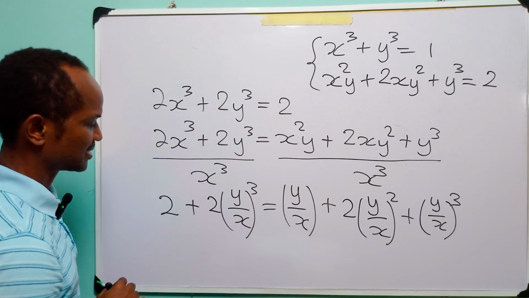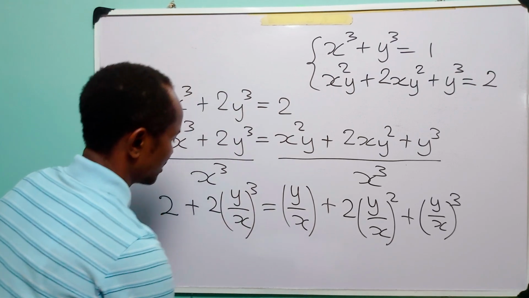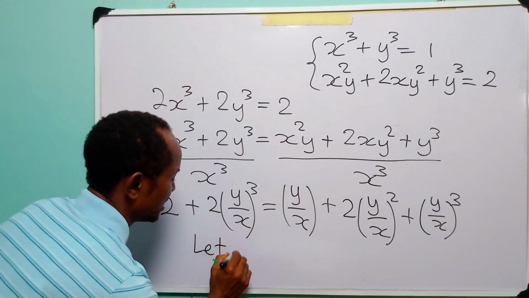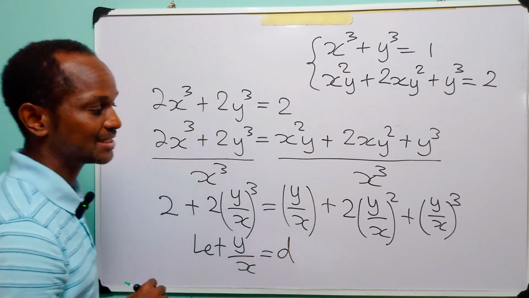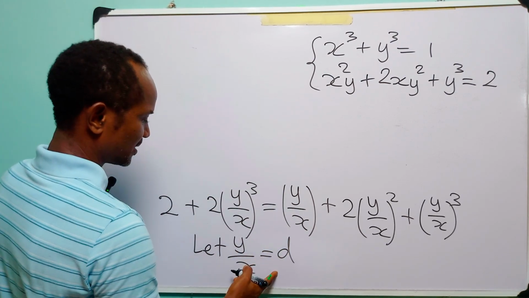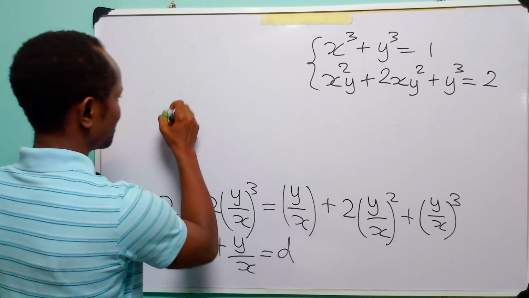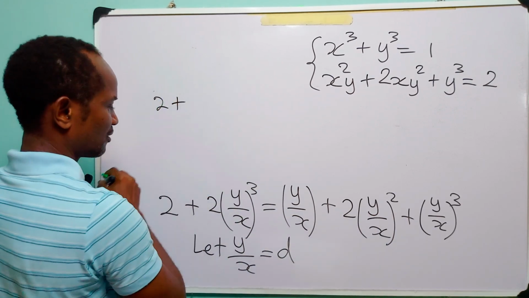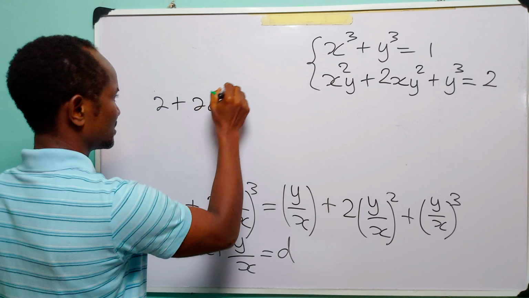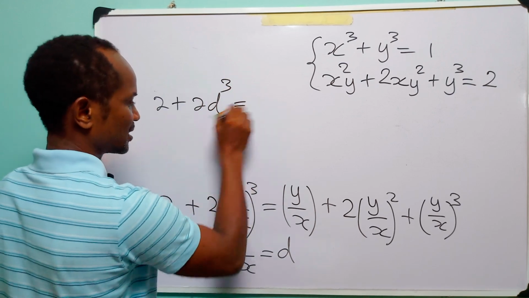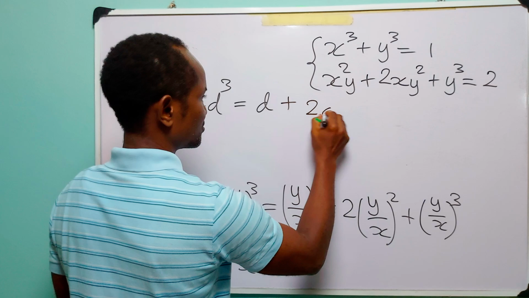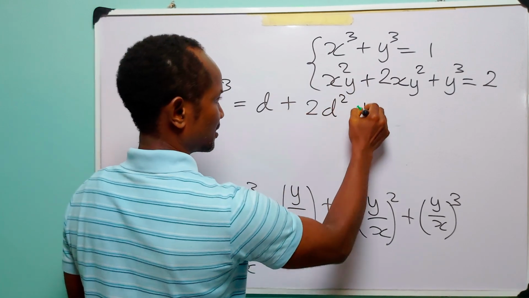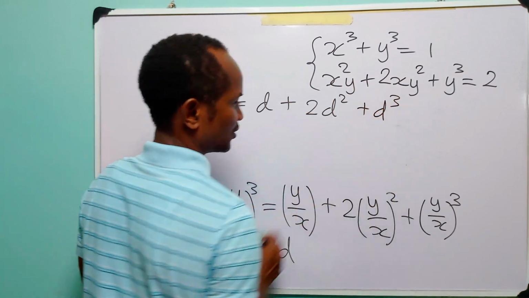Let us simplify this equation. First of all, let y over x be equal to d. And with this, the equation becomes 2 plus 2d cubed is equal to d plus 2d squared plus d cubed.